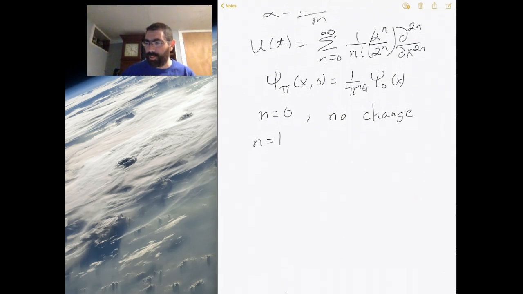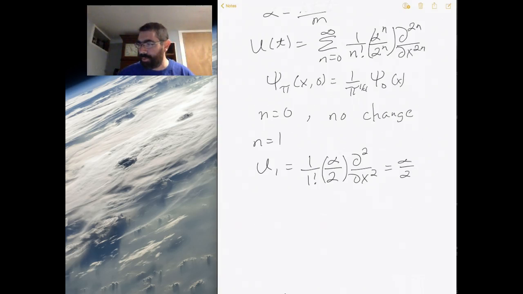For the n equals 1 term, the U that we have, I'll call it U sub 1, is 1 over 1 factorial, alpha over 2 to the 1 power, times the second order derivative with respect to space. So I basically get alpha over 2, the second derivative.